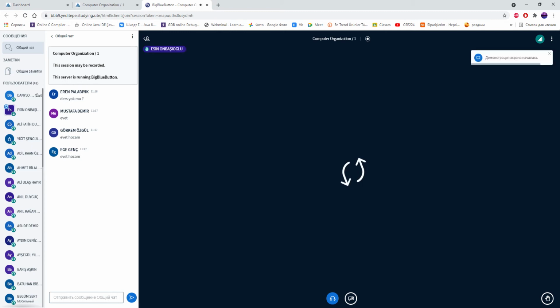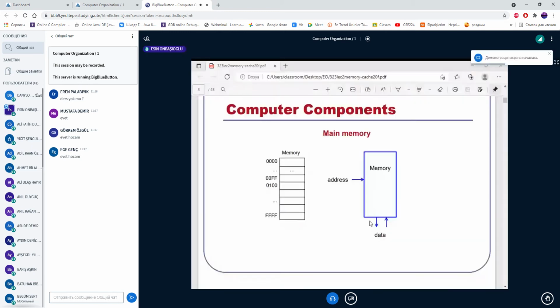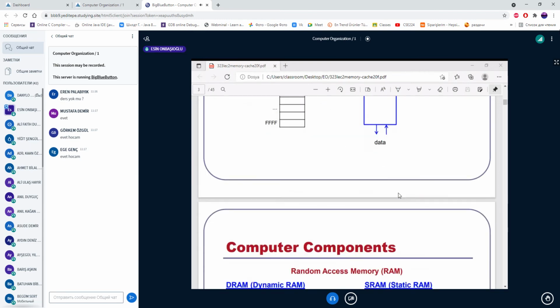For the memory, there are address lines and data lines. We can store something through here, or we can read the contents of a memory, and we can specify an address. So this is the block diagram that I'm going to use for main memory.